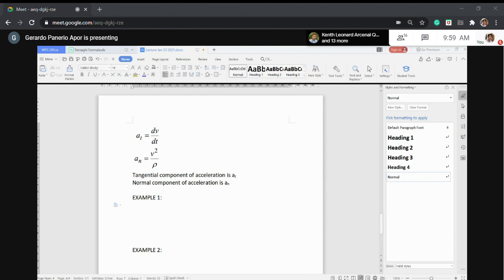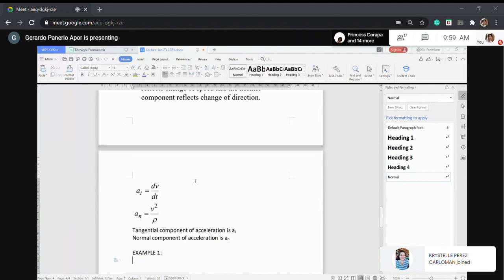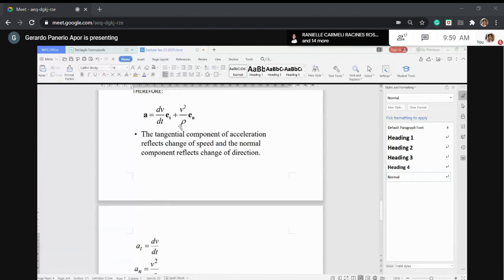We have already derived this one, so now it's time for an example so that we can use it.